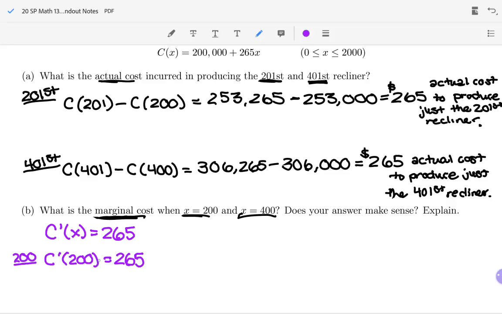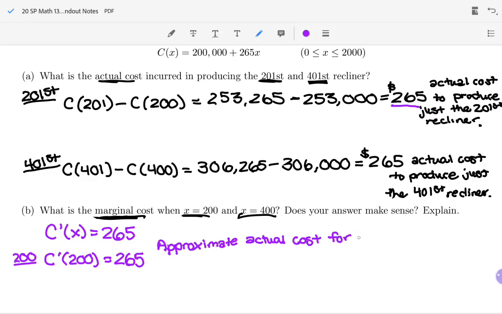The interpretation is difficult. Let's write this down. So we have the approximate, because it's not always perfect. For this one, it actually was. It was spot on with what we got for the actual cost up here. So normally we would say this is the approximate actual cost for doing what?